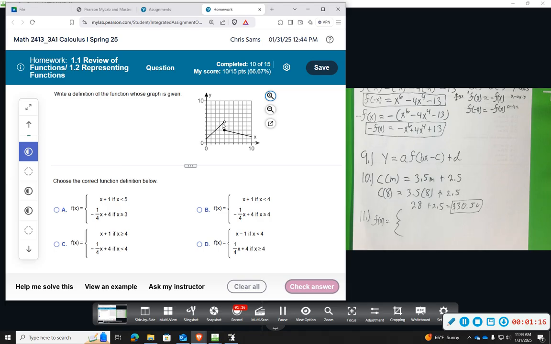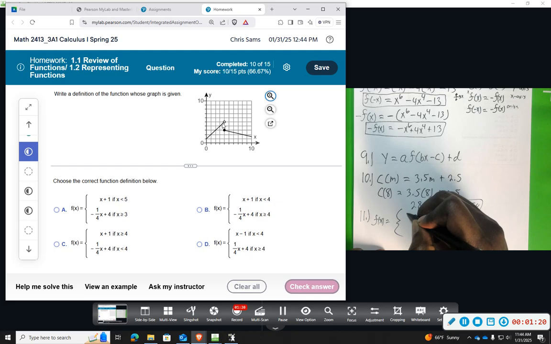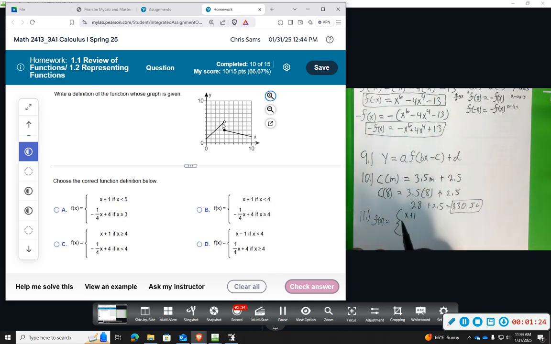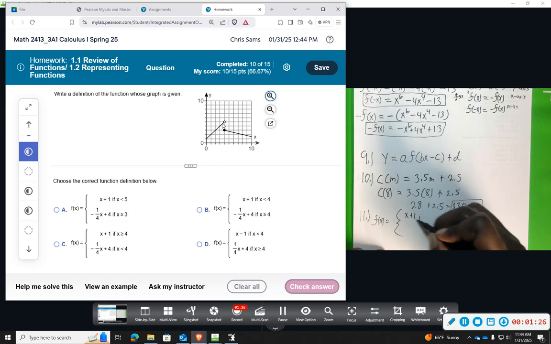So this looks like 1x, or just x plus 1. This is my first equation, and this is only working when x is less than 4.